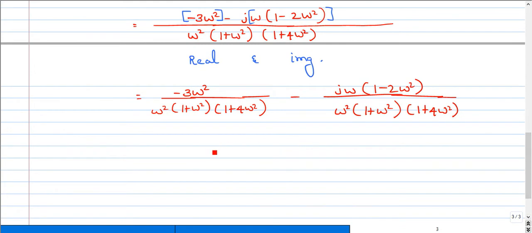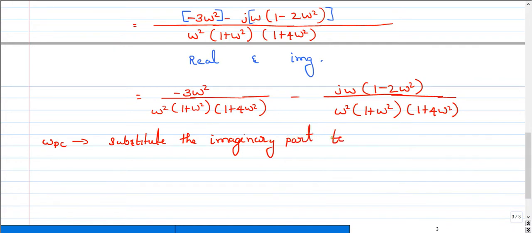So now, in order to find the value of omega pc, follow the step: substitute the imaginary part to 0. By this I will get omega pc.